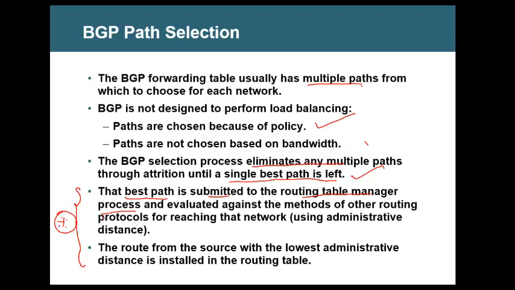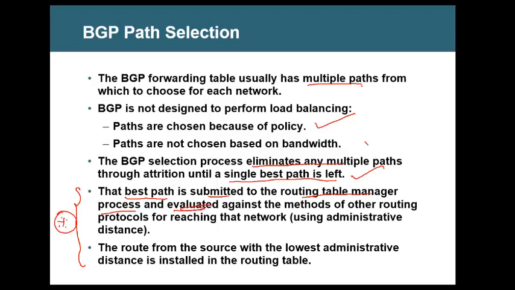But BGP is not the only one which does path selection. The routing table manager also has its own role in deciding whether to keep it or not. So what it does, it evaluates.